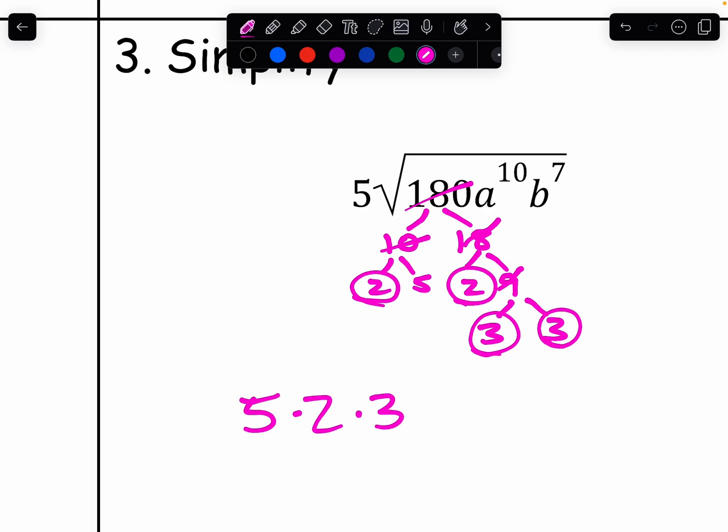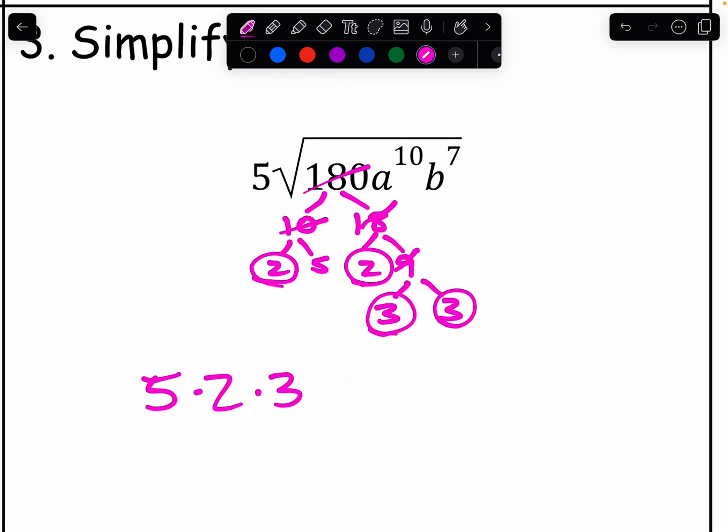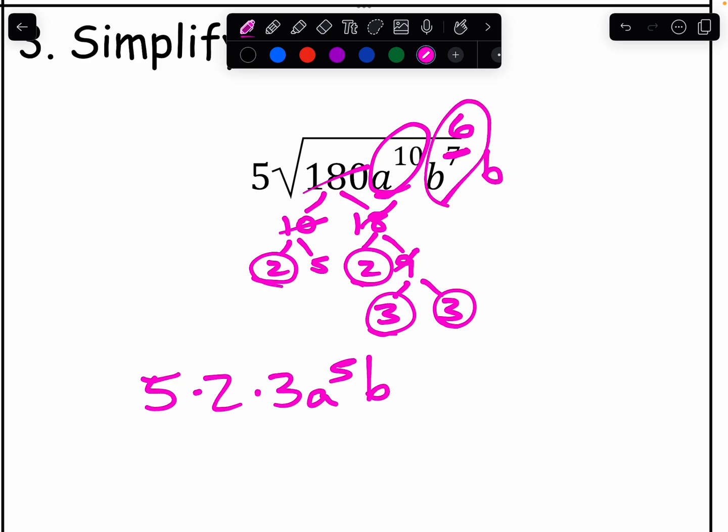And now, also coming out is some variables. So a to the 10th becomes a to the 10 divided by 2, which is 5. 7 doesn't divide by 2, so I have to bring that down 1 and leave the extra b. Now, b to the 6 divided by 2 is 3. And so when I'm done with that, I leave everything else in.